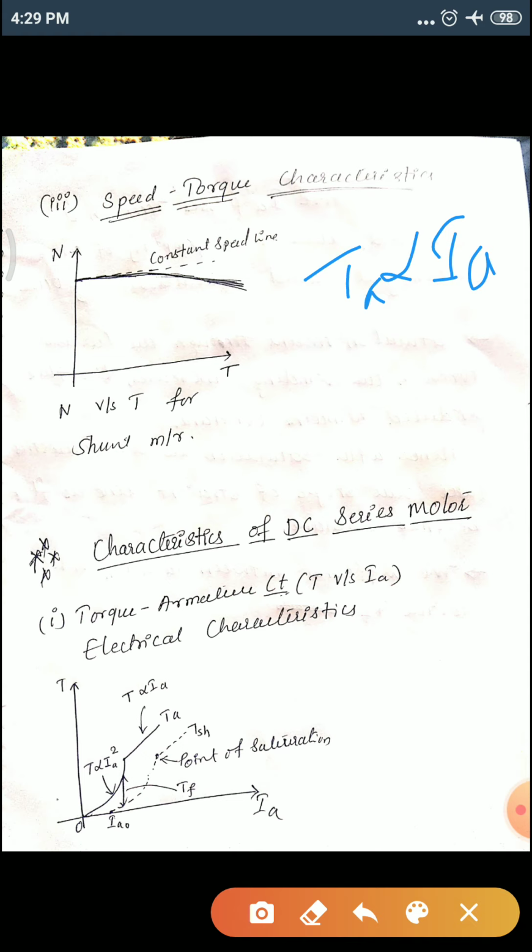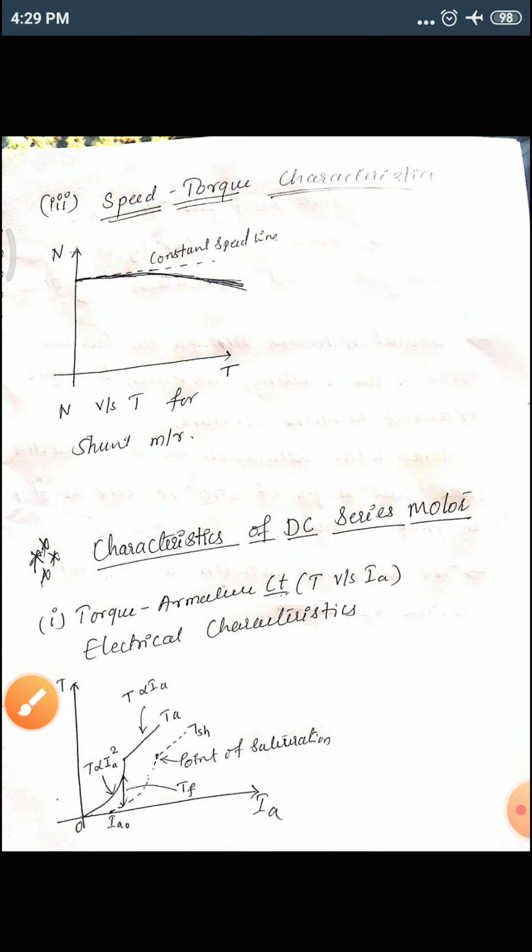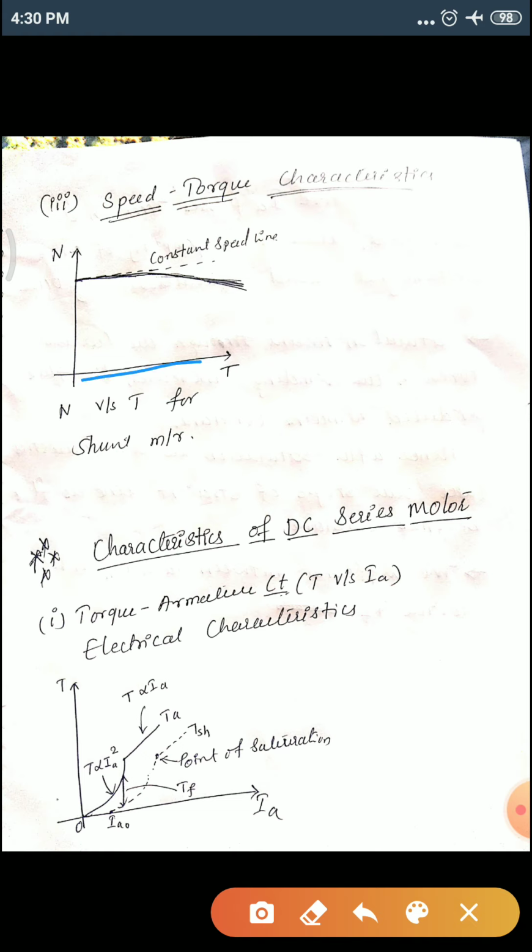And in the second case, N is proportional to V. So speed torque is also the same.